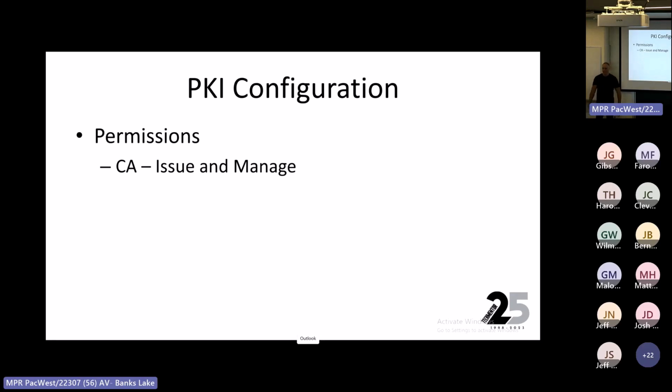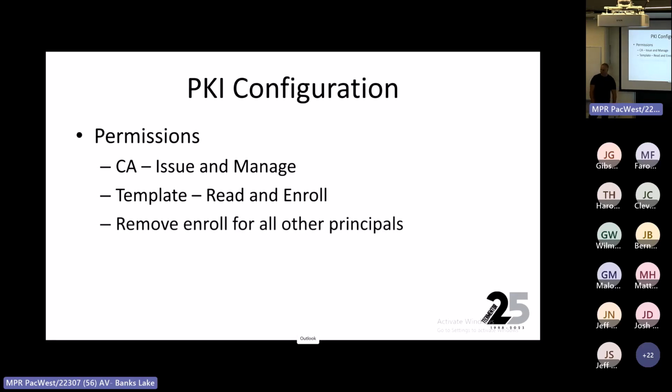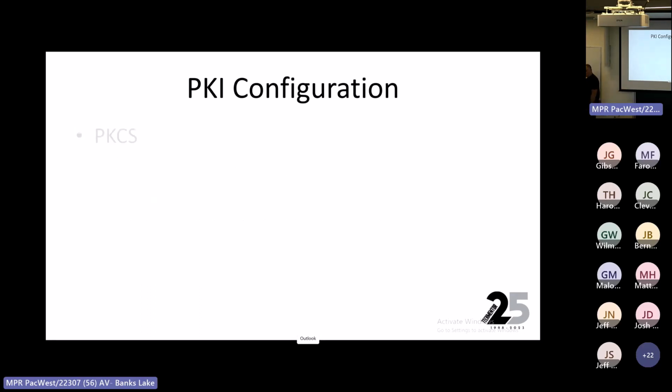It would actually need to be able to revoke that. We need to create a certificate template and grant the read and enroll permission for that particular service account. And also, this is critically important, we need to remove enroll for any other principals, because you're going to find that when we duplicate a template, the default permissions are rather permissive and actually over permissive.